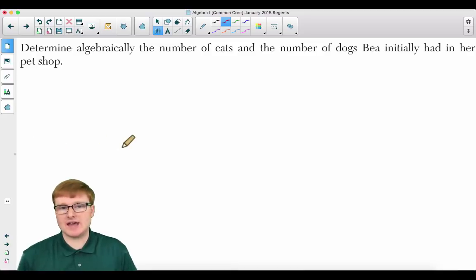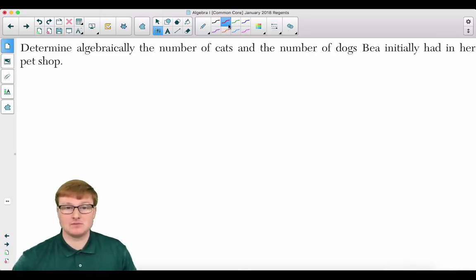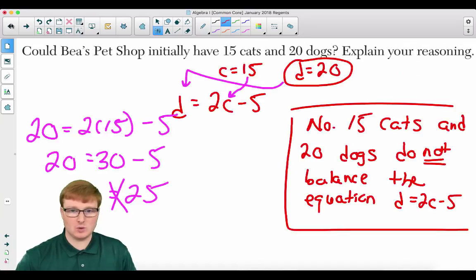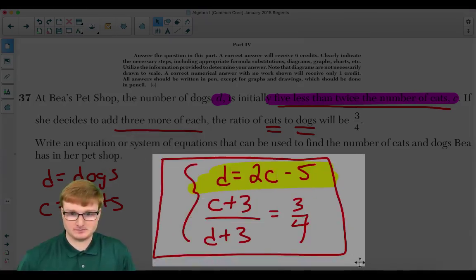Determine algebraically the number of cats and the number of dogs B initially had in her pet shop. Initially. So that means when D is equal to 2C minus 5. So what are we doing here? Let me go back real quick and copy this system of equations.